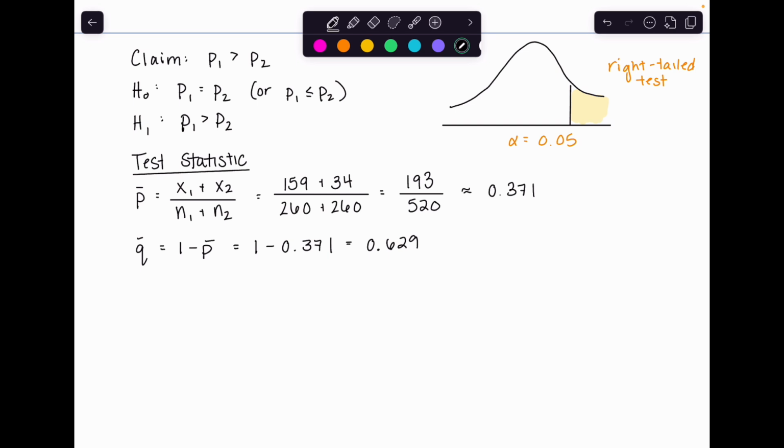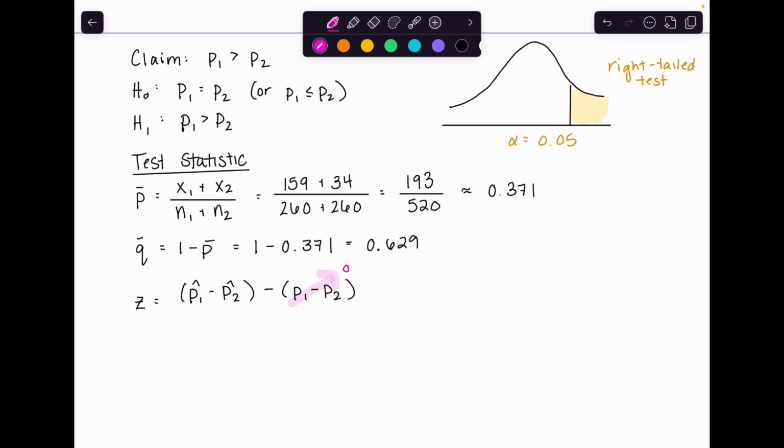Okay. So I have everything I need now to actually find my test statistic. So the way we find this is we look at the difference in sample proportions. We subtract what is that true difference, but automatically I'm gonna go ahead and mark this off. We're saying the claim is that, or the null hypothesis is that these two are equal to each other.